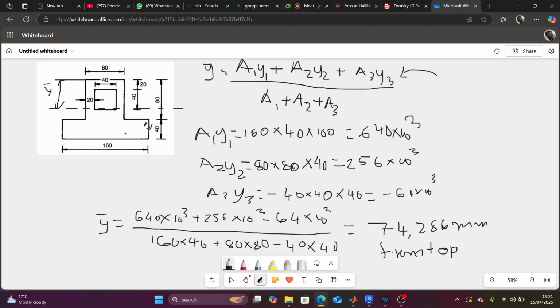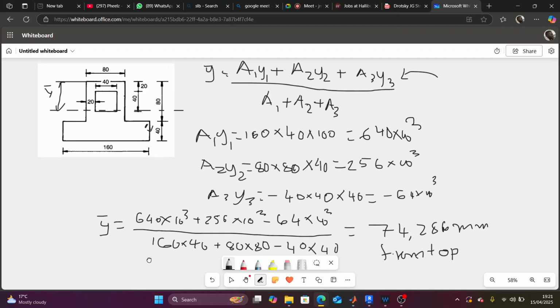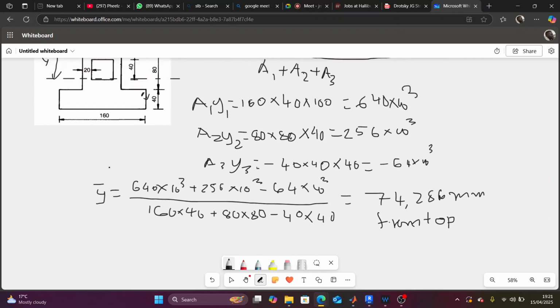So now, can we start by solving for Ix? Ix will be referring to this. How many shapes do we have? 3, right? Let's start with shape 1, which is the big rectangular here. Let's call it Ix1. What is the formula? It is b times h cube by what? 12. This is the formula of a rectangular.